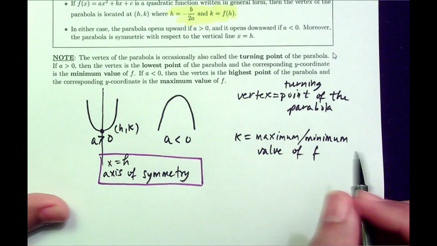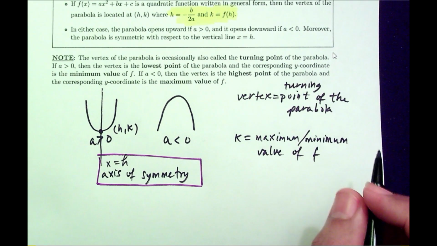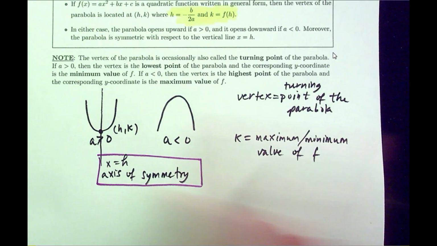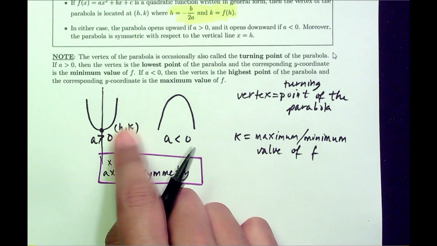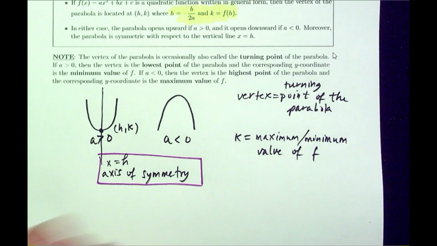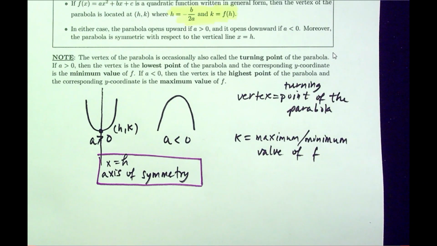So another way they could ask you to find the vertex of the parabola. In that case, they're basically telling you to find h and k, or they could tell you to find the maximum value of the function or the minimum value of the function. In that case, they're asking you just for the y coordinate of that vertex.